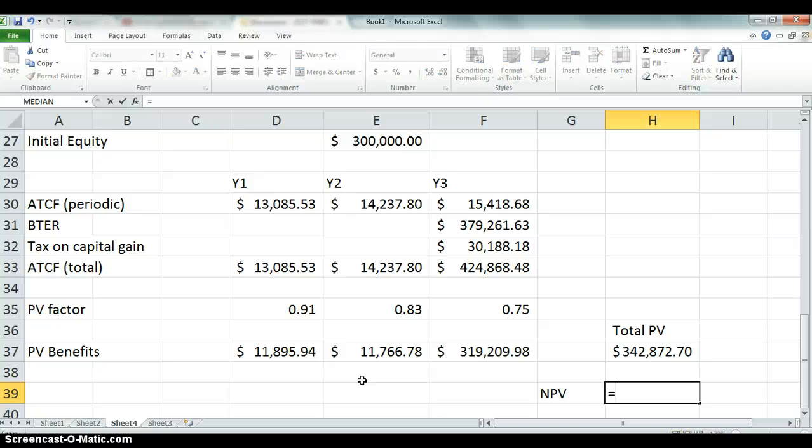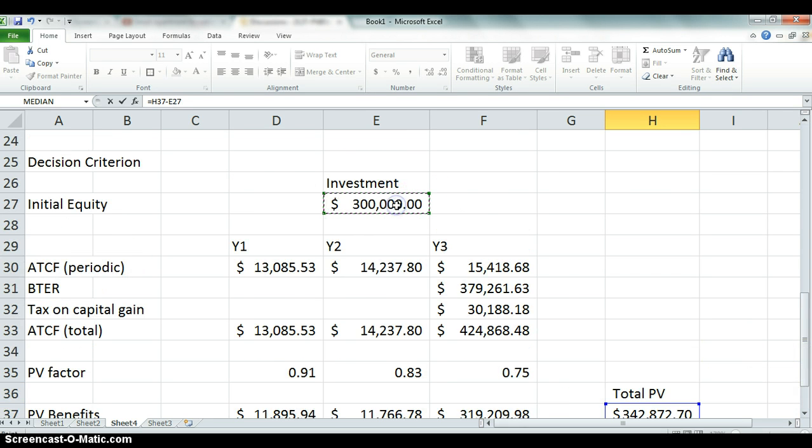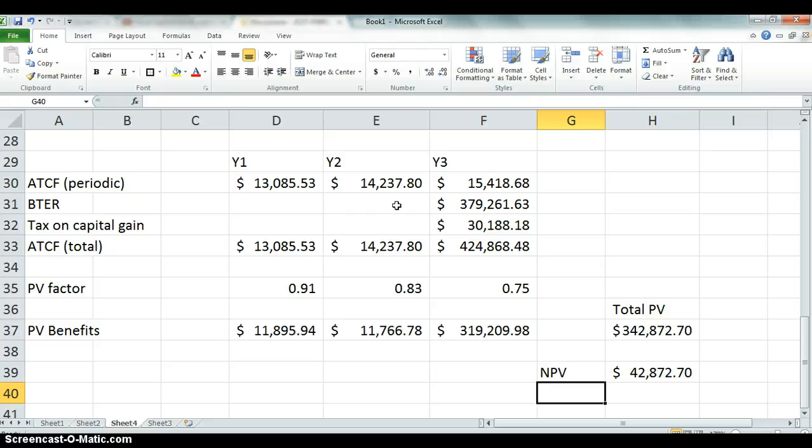Now we're going to calculate the net present value. In this case, the net present value equals our total present value minus our initial investment. From here we can already say that we will do this investment because the net present value is a positive number, but we're also going to make sure that our decision is right by calculating the IRR.